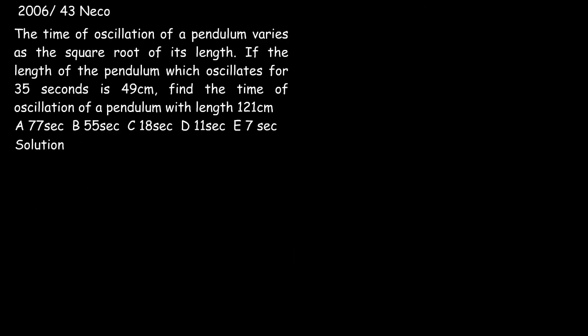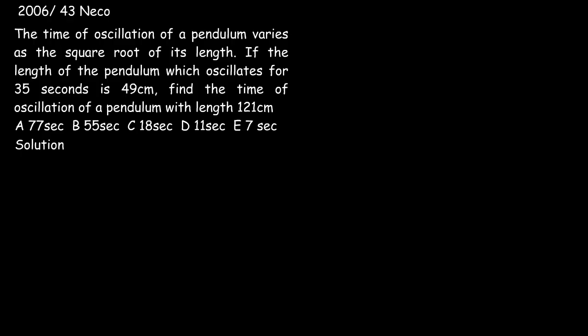We have another question from NECO 2006. It states that the time of oscillation of a pendulum varies as the square root of its length. If the length of the pendulum, which oscillates for 35 seconds, is 49 centimeters, find the time of oscillation of a pendulum with length 121 centimeters, and we're given the options.